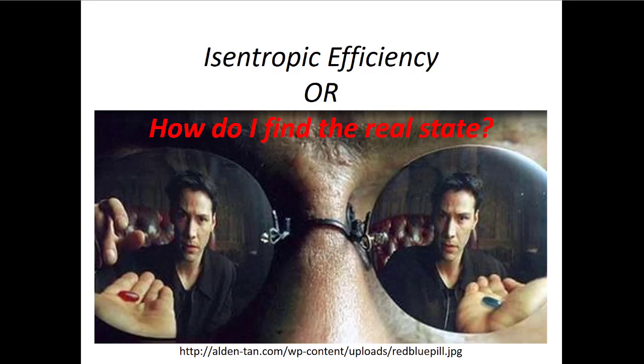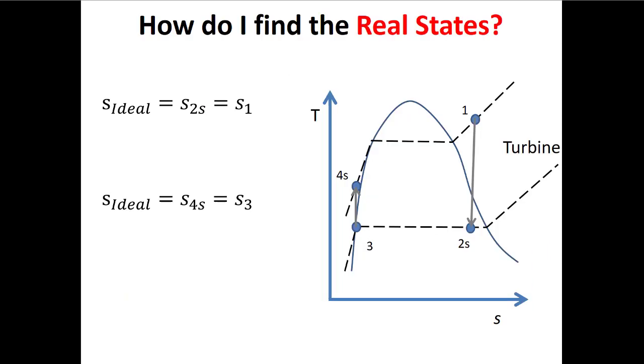So today's lecture is going to be about how we find the real outlet state from our turbine and from our pump. The way we're going to do that is we're going to define a new variable called isentropic efficiency. So how do I find the real outlet from the turbine and the real outlet from the pump?